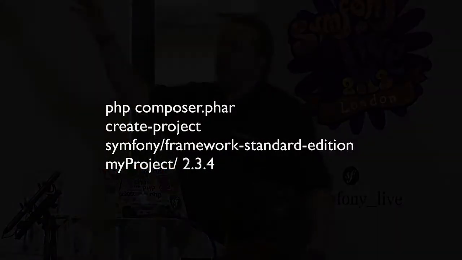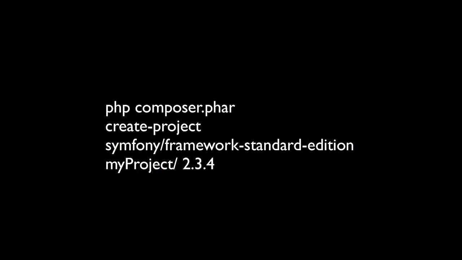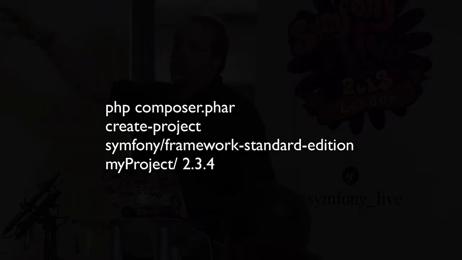So what I do here is I say, okay, so composer.phar, which is the executable for Composer, create project based on the Symfony Framework Standard Edition. Then my project is the directory that I'm installing this into, and I'm using version 2.3.4 for this project.